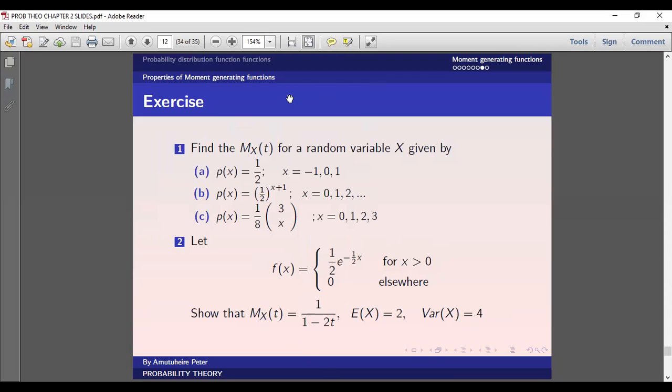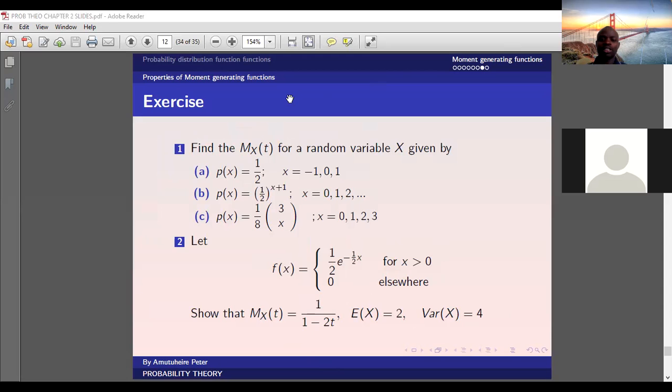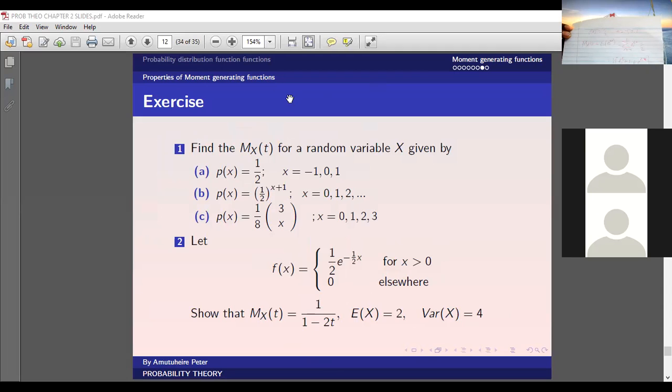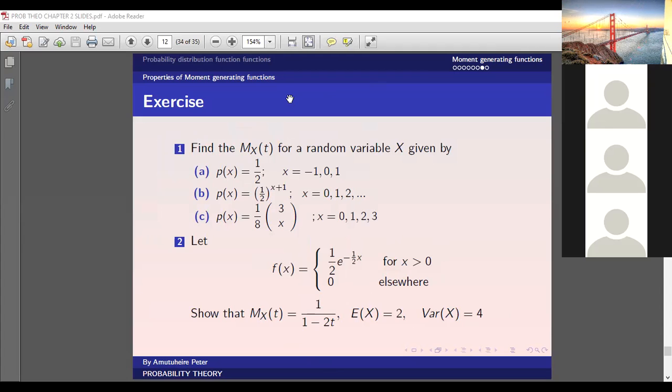Are you able to see my paper? Not at all. No, sir, we are not seeing anything. You can put it on WhatsApp. Okay, I'm going to scan and share and put it on WhatsApp.